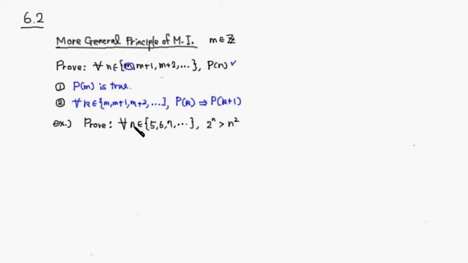For integers n greater than or equal to 5, 2 to the n is always strictly greater than n squared. So let's try to prove this by induction. Proof by induction.